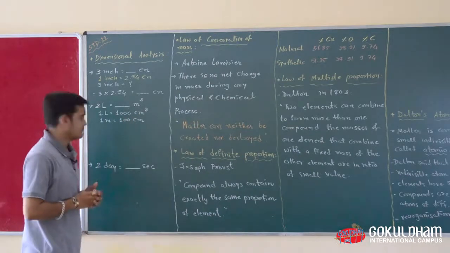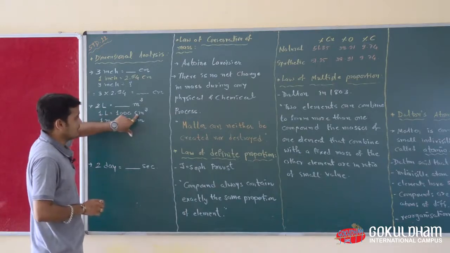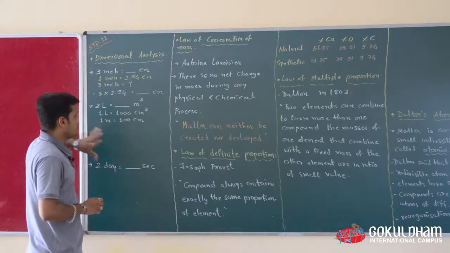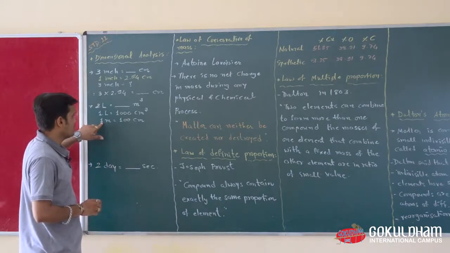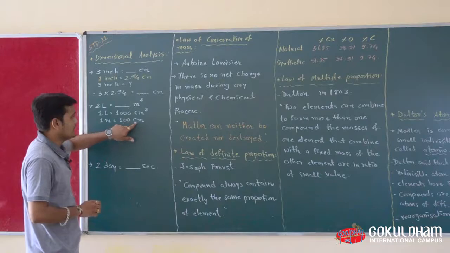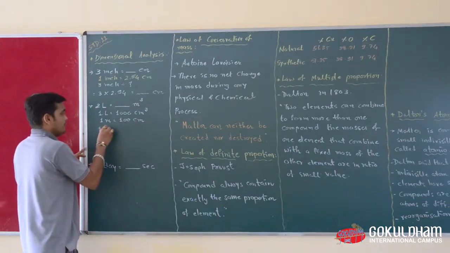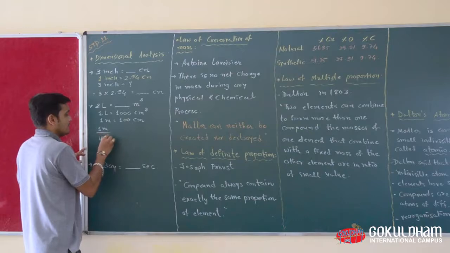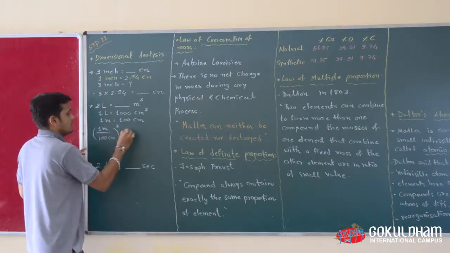So, if we want to reach 1000 centimeter cube, we have to take the cube of 1 meter and 100 centimeter. So 1 meter cube is equal to 100 centimeter cube.